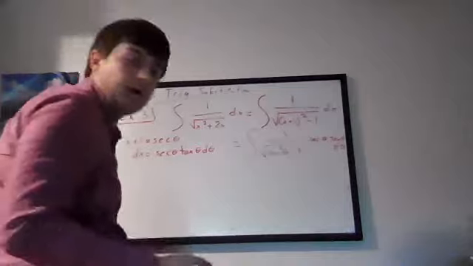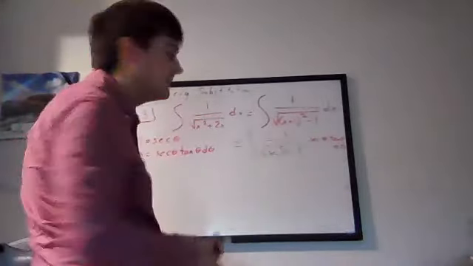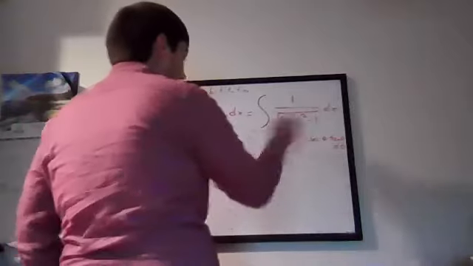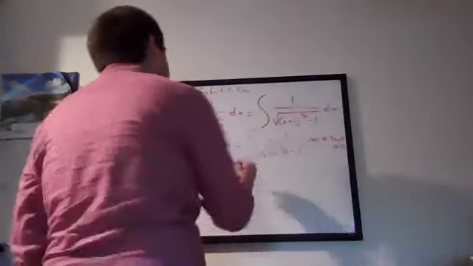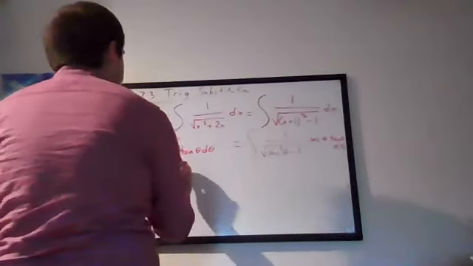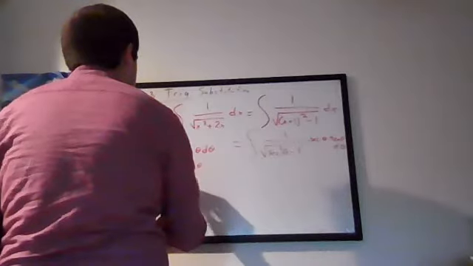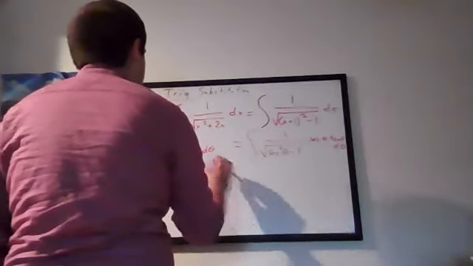Okay, but the square root of secant squared minus 1, well, we know what that is. That's going to be the square root of tangent squared, which is just tangent. So we get the integral of secant theta tangent theta over tangent theta d theta.